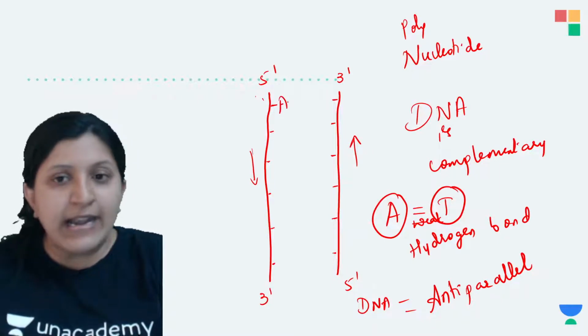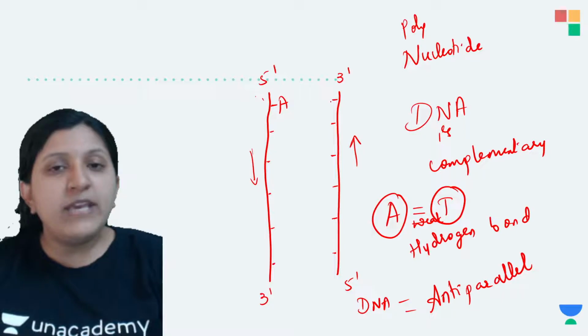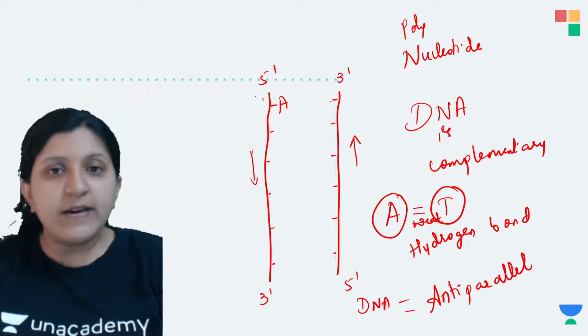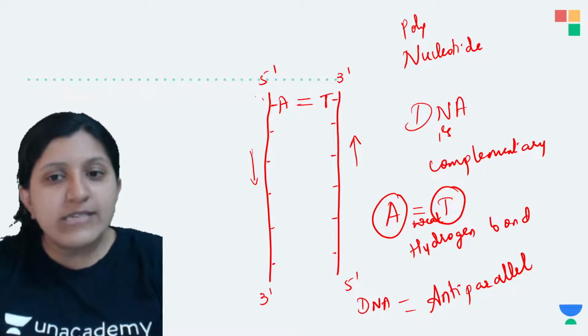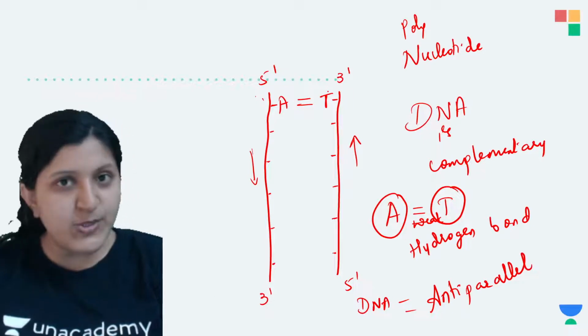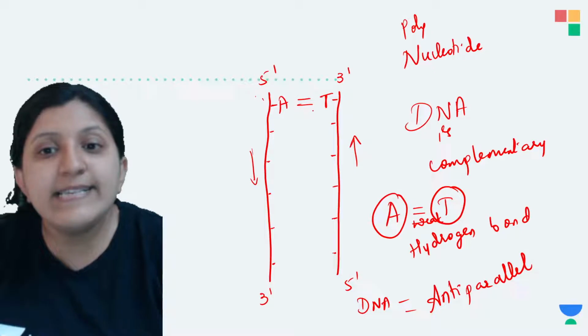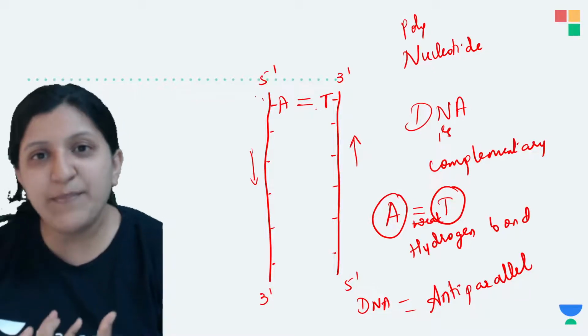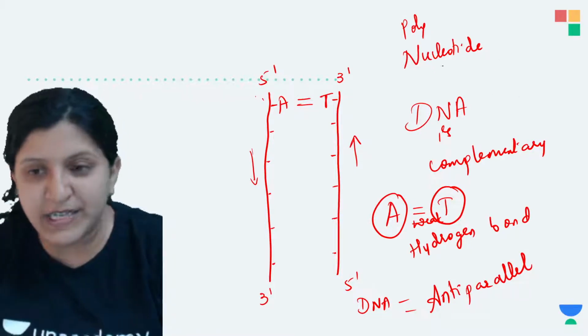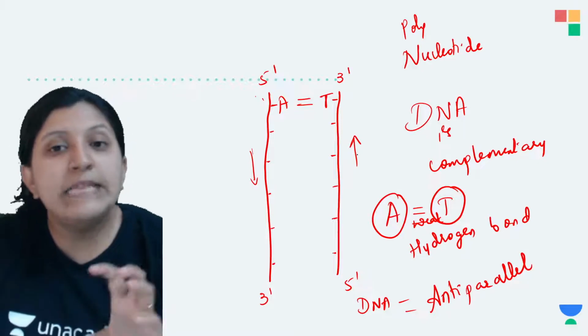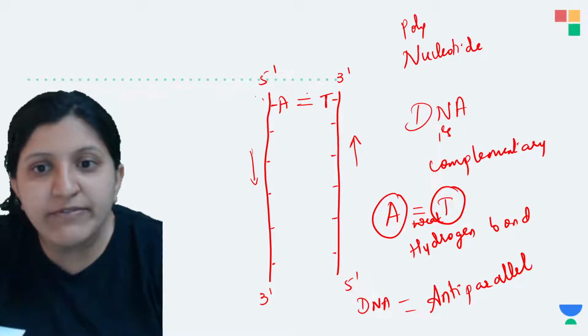Let's see here, the adenine is there, so what would be here? It is with two hydrogen bonds, and you can see that there is a thymine present. Now this we call complementary. So what is the meaning of DNA being complementary? Complementary is the base pairing. So this we call base pairing.